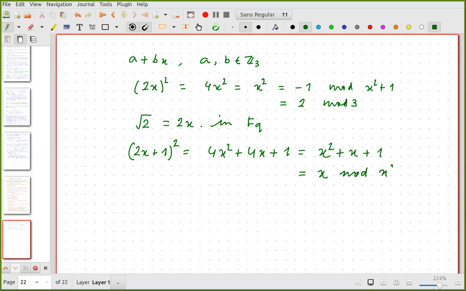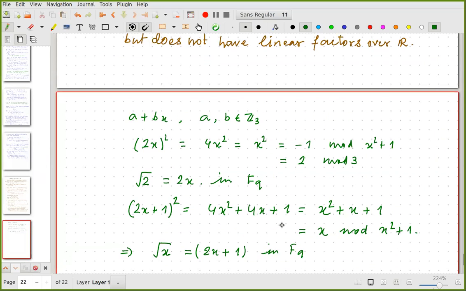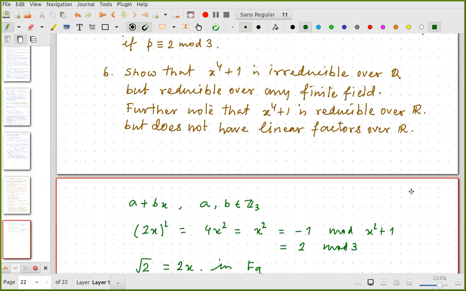So that says that the square root of x is 2x plus 1. In this way you can make a list of elements which have a square root in F9. That is simply the exercise, which is just to make you used to the process of going modulo a polynomial.